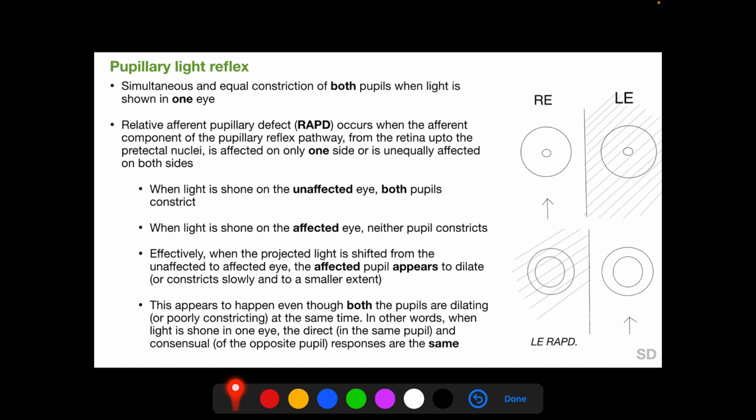This appears to happen even though both the pupils are dilating at the same time when we are projecting the light on the affected eye. Both the pupils are dilating. In other words, when light is shown in one eye, the direct response in the same pupil and the consensual response in the opposite pupil are the same.